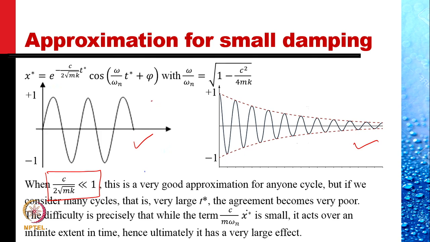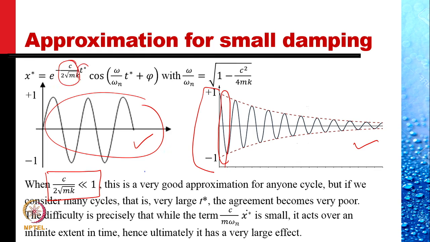Initially, this picture and this picture for very small time may be same, but for large times, the second picture is entirely different from the first picture. The difficulty is that though this is small, the viscous term is small, but now it is acting over a very large time. This is small, but t star is becoming very large.